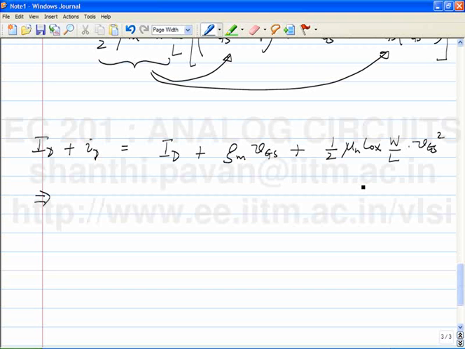This is true for any value of small vgs because we have not made any approximations. So we can cancel these terms off, which means that small i is nothing but gm vgs plus 1/2 μn Cox W/L times vgs whole squared.